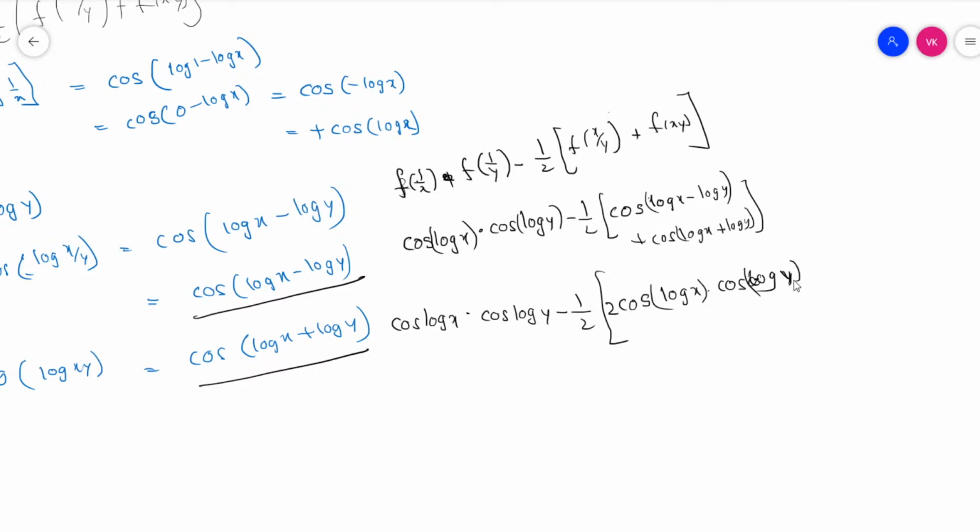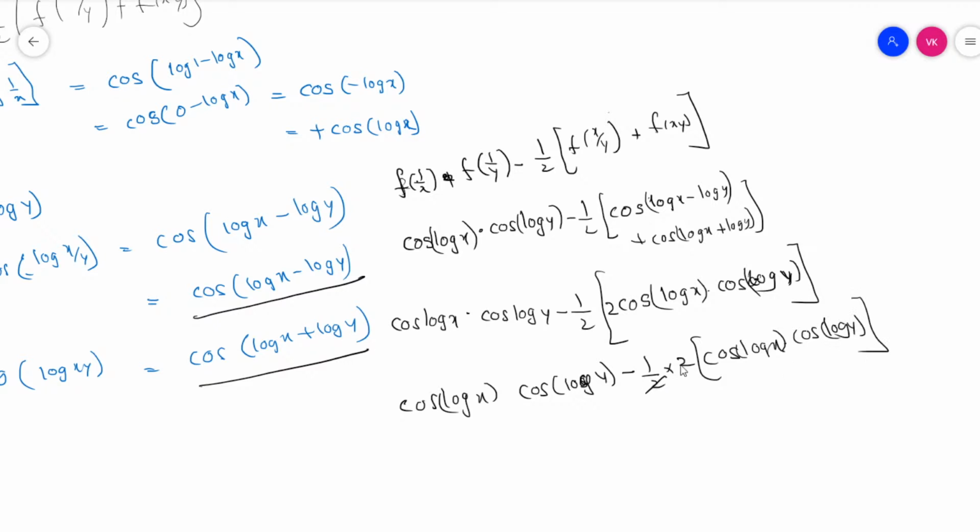As a trigonometric formula we can simplify this. Then we can write cos log x and cos log y minus 1 by 2 into 2 cos of log x into cos of log y.